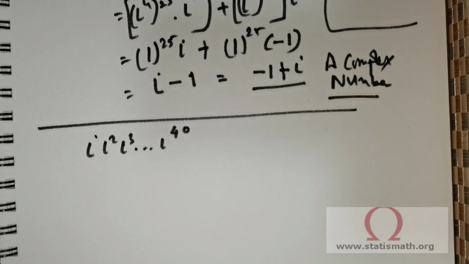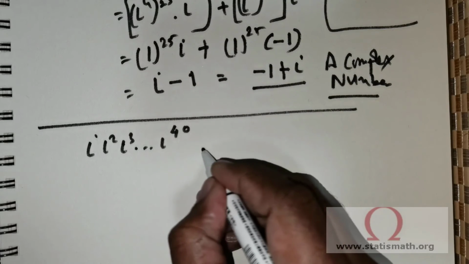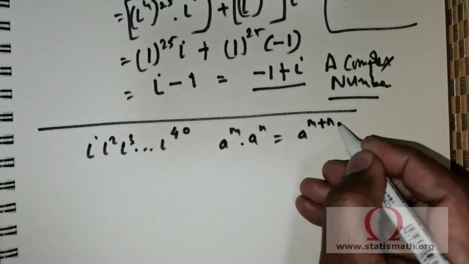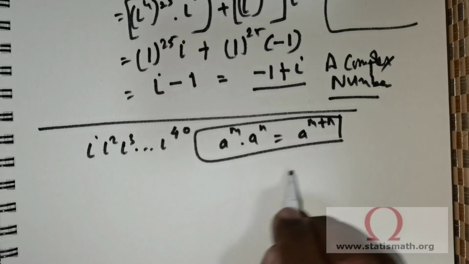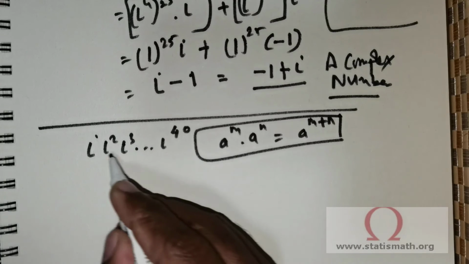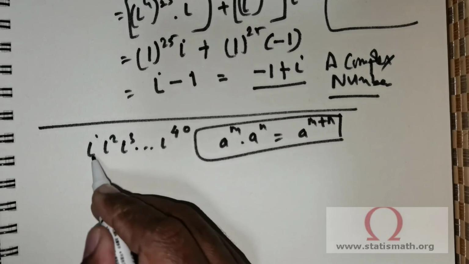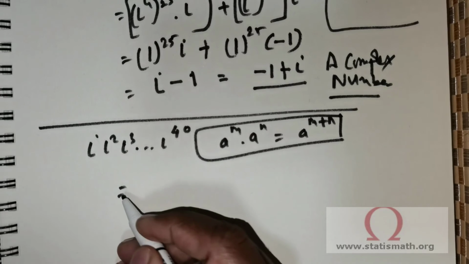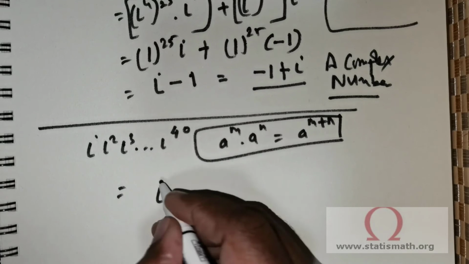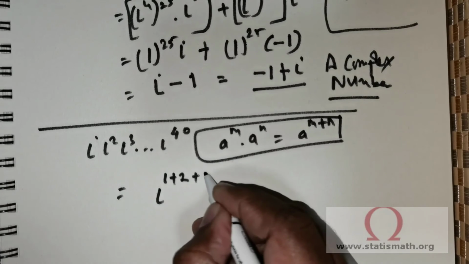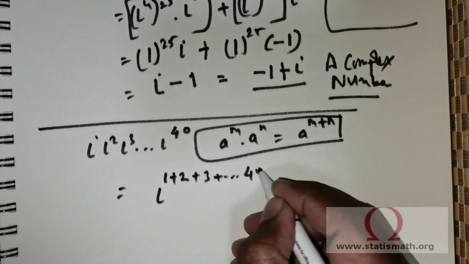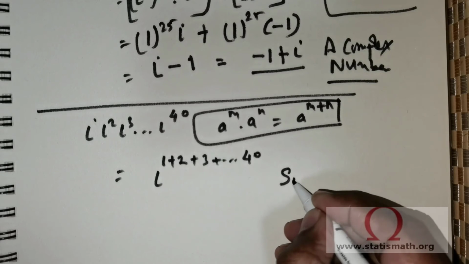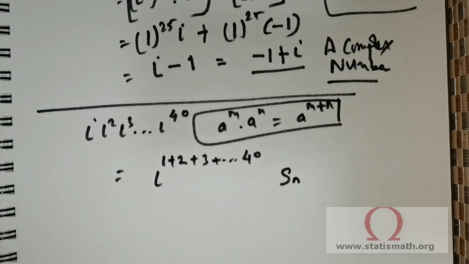Now we have to use this formula: a raised to the power m times a raised to the power n is a raised to the power m positive n. We know this, right? So this entire quantity, the first two quantities with the third quantity and so on, I can rewrite all of these as i raised to the power 1 positive 2 positive 3 plus and so on up to 40. Now you should have the sum of the series.